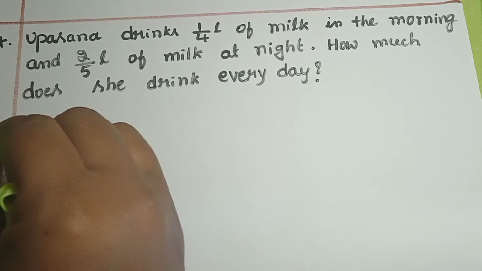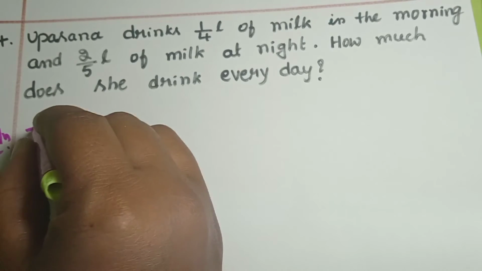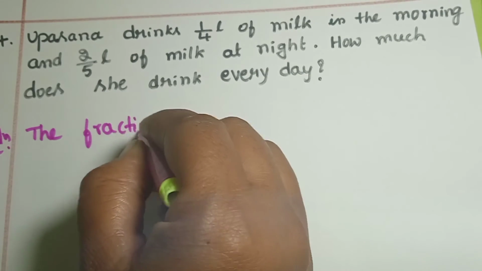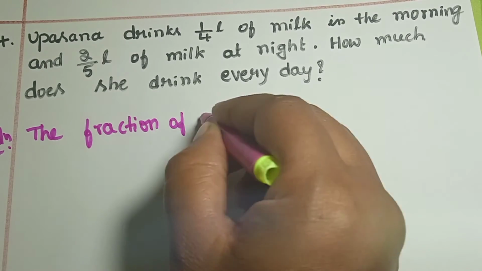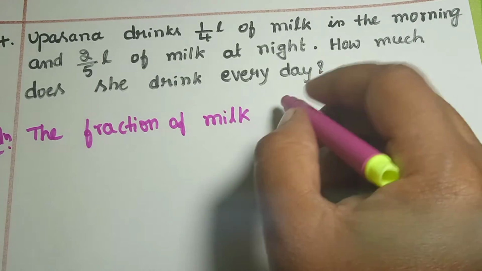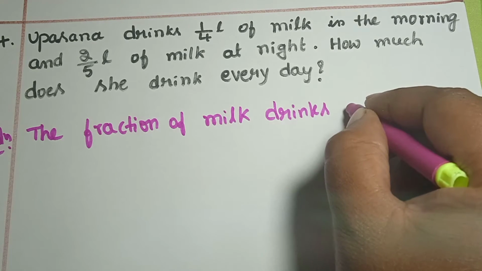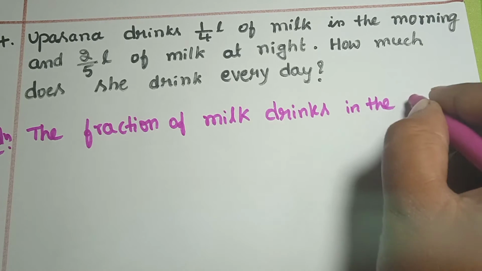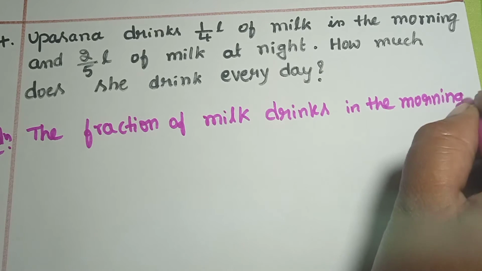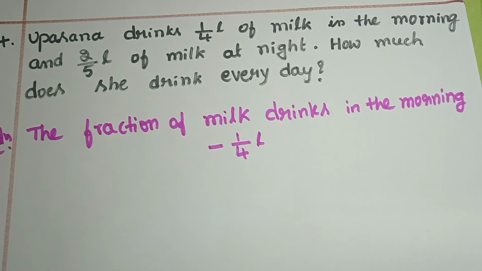Solution. The fraction of milk drunk in the morning. How much fraction, children? 1 by 4th liter.